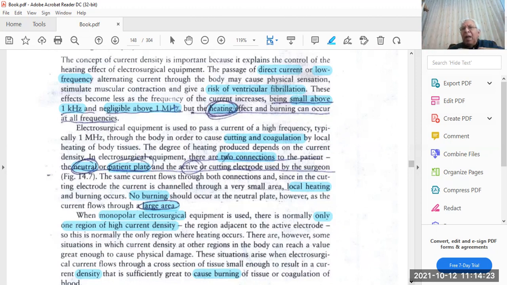This is why a patient can develop burns post-operatively from accidentally putting the plate incorrectly.